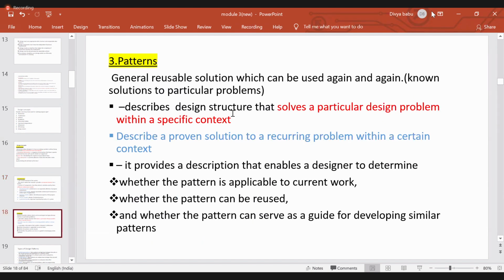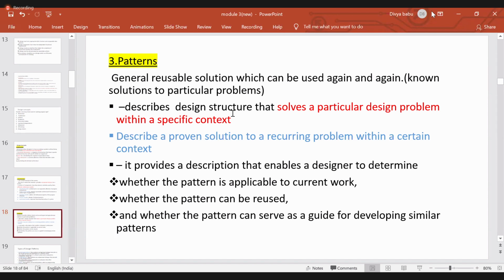Next point is patterns. We use patterns to increase reusability. What is reusability? Some general solutions can be used again and again for applications. Patterns describe a particular design problem within a specific context. Before going for patterns, you have to do the domain analysis that we already learned in the last unit.